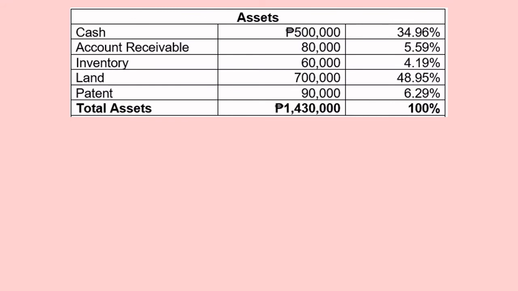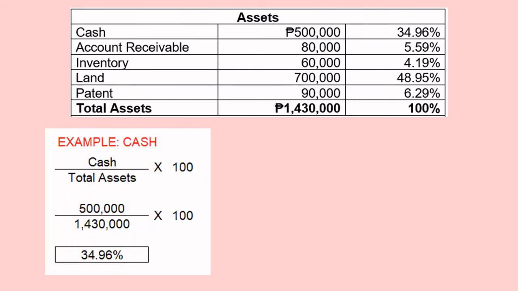Let's take a look at cash. So, to compute ang formula, balance of account divided by total assets times 100. So, sa example natin, 500,000 divided by 1,430,000 times 100 is 34.96%. Ayun.